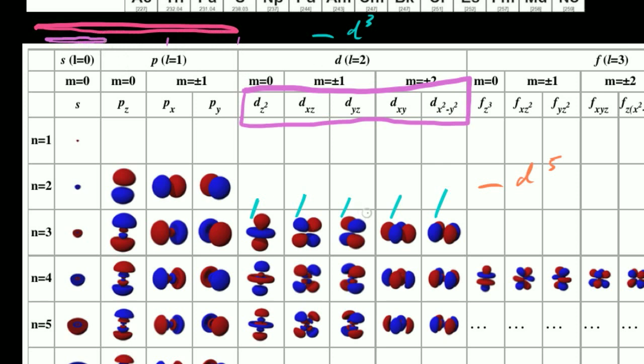And essentially, what happens on the atomic level is if we look at these orbitals, there's less stability in having something that looks like this, where we've got 2 electrons in.